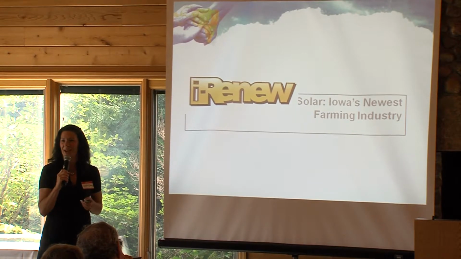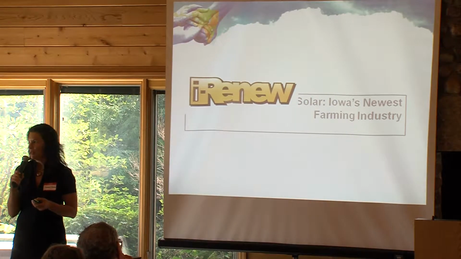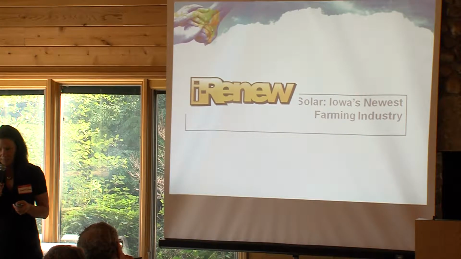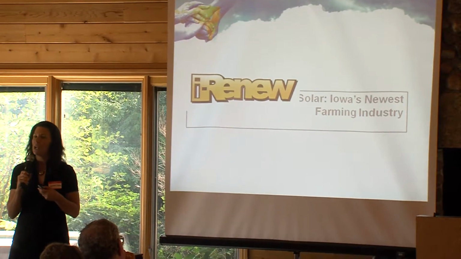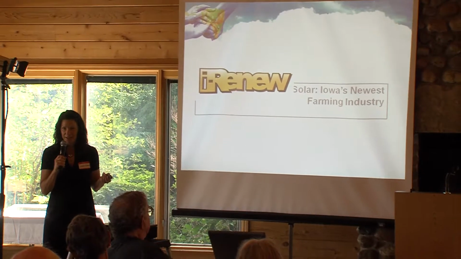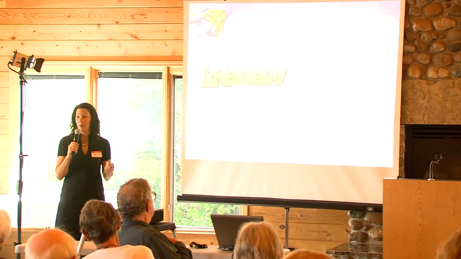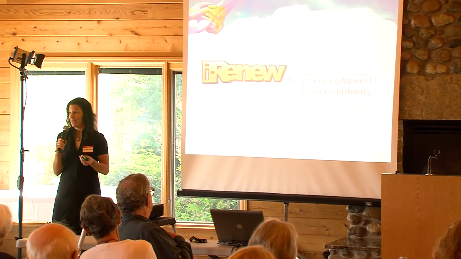So what does this mean, Iowa? Solar is Iowa's newest farming industry. Personally, what it means to me is that we have an entire economy based on the sun here in Iowa. You can just drive down Interstate 80. On the left-hand side is corn, on the right-hand side is beans.